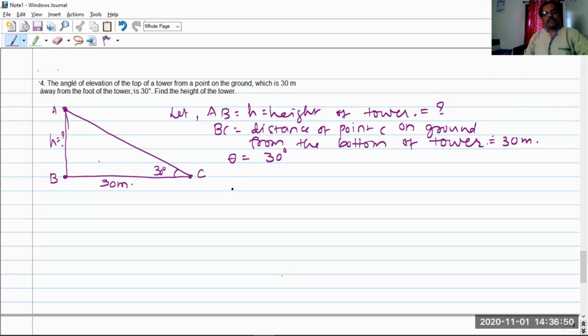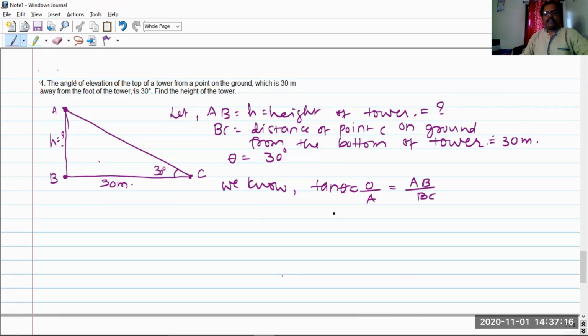Again, in terms of the angle 30 degrees, AB is the opposite side and BC is the adjacent side. So we can use tan theta. We know that tan theta is defined as opposite side by adjacent side, right? So here the opposite side to the angle 30 is AB and the adjacent side is BC, right?